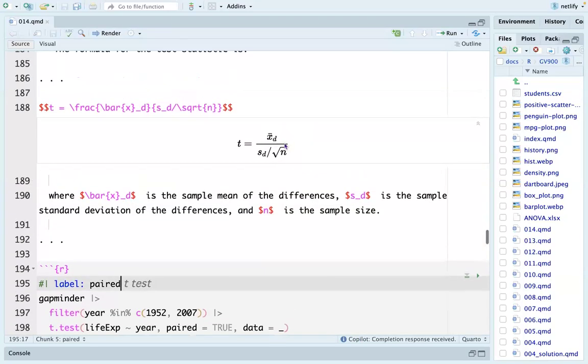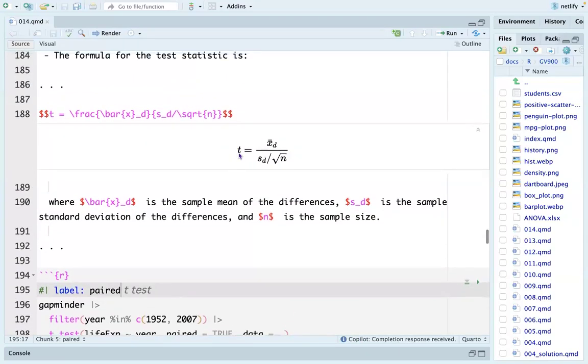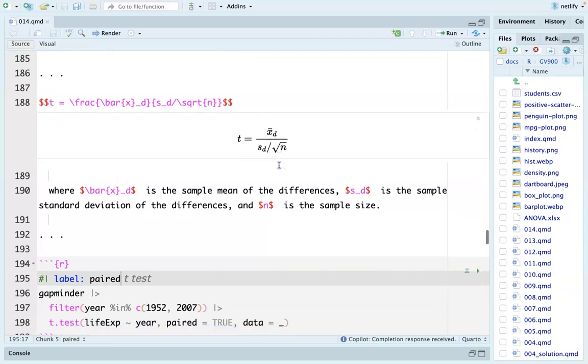Here the formula is t equals d-bar, which means the second stage minus the first stage, divided by the standard deviation of the differences over the square root of n, where n is the sample size.